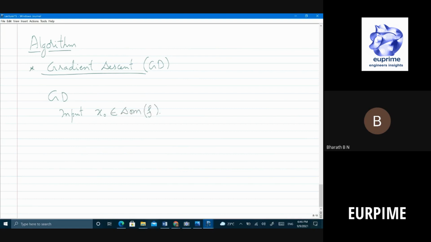So you take the initial point and run a loop for t equal to 0, 1, etc., up to capital T, and stop after that. I'll update the point as follows: x_{t+1} is equal to x_t minus eta times the gradient of the function at x_t.